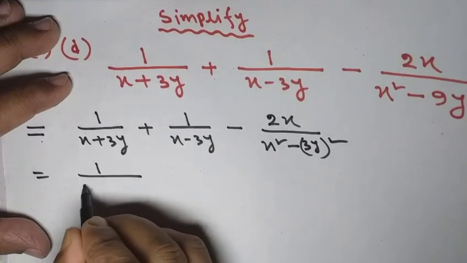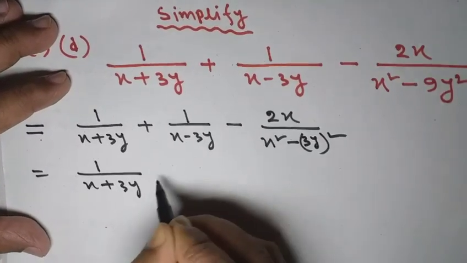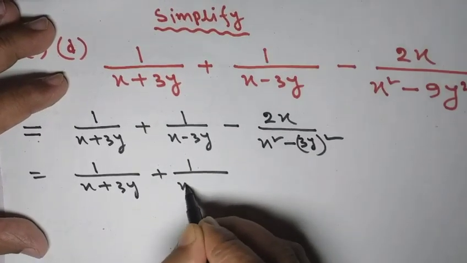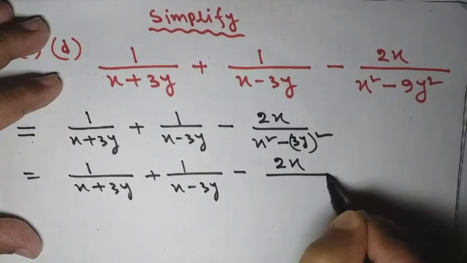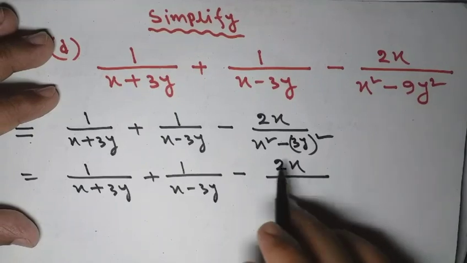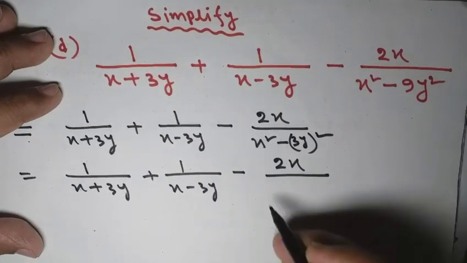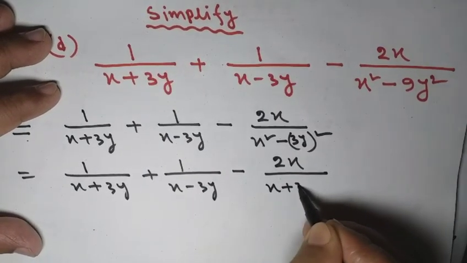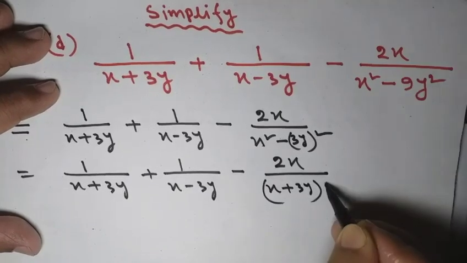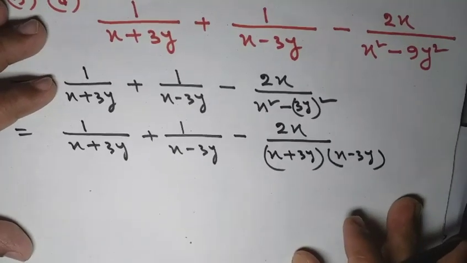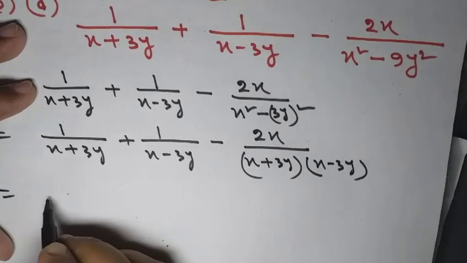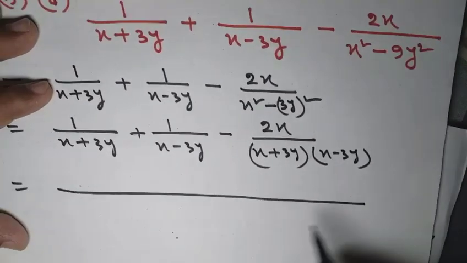Okay, 1 by x plus 3y plus 1 by x minus 3y minus 2x, and we will apply here a square minus b square formula, that means x plus 3y and x minus 3y. Now we will do the LCM.